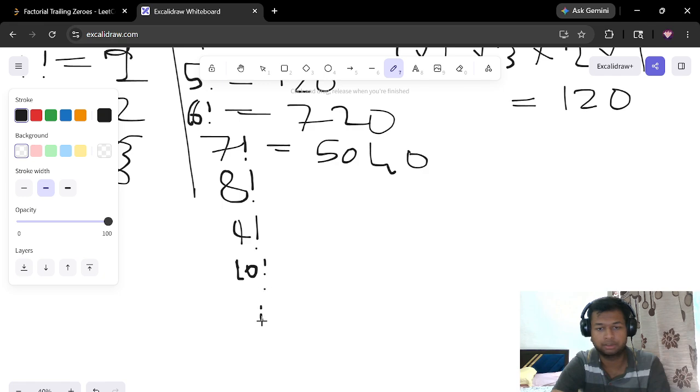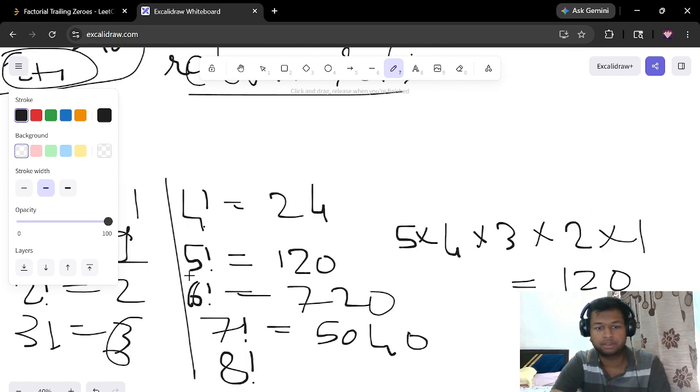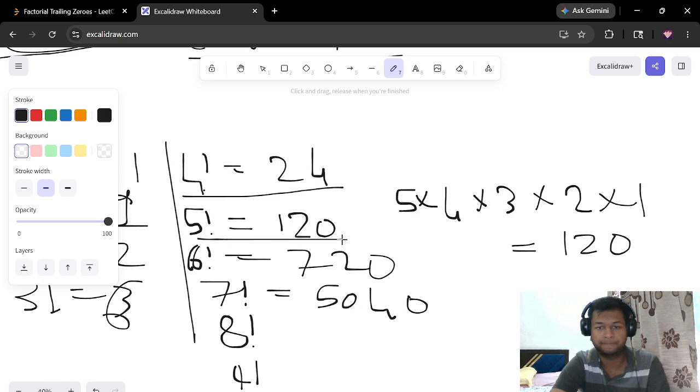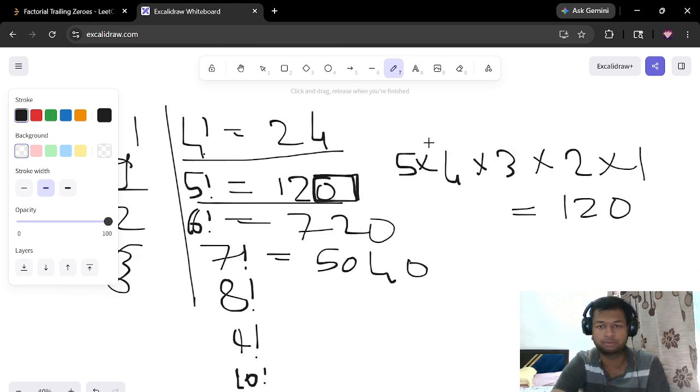Till 4 no 0 was coming at the trail, at the last, but from 5 at least one 0 will start coming. There should be at least one 0 at the end, because 5 factorial is 120 and all the further numbers are multiplied onto it.